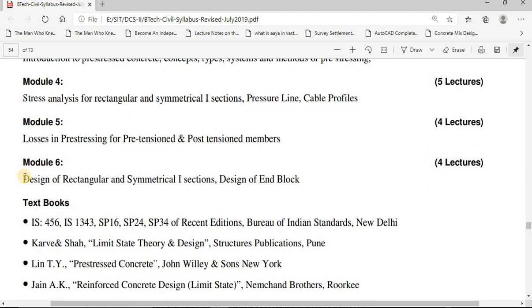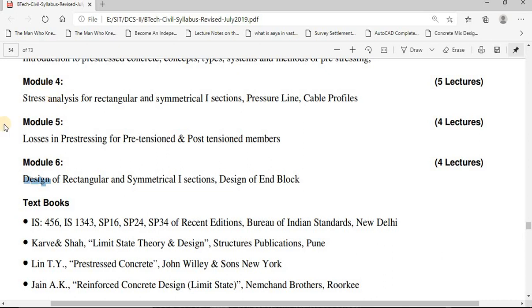Next, you can see design of rectangular and symmetric I sections, and design of end block. Actually, this Module number 5 could have been Module number 4, and Module number 4 could have been Module number 5. Why? Because stress analysis for rectangular and symmetric I sections we have studied in Module number 4. After analyzing, we are going to design. So Module number 6 is a continuation of Module number 4.